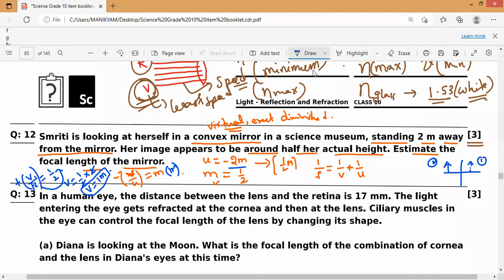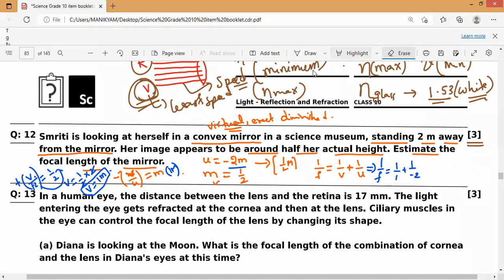Substitute in the formula and tell me fast. 1 by f is equal to 1 by v, which is 1, plus 1 by the object distance, which is minus 2. Now tell me, will the focal length come positive or negative? That is my first question to all of you. Positive. If you are able to make that out, your answer will be right.